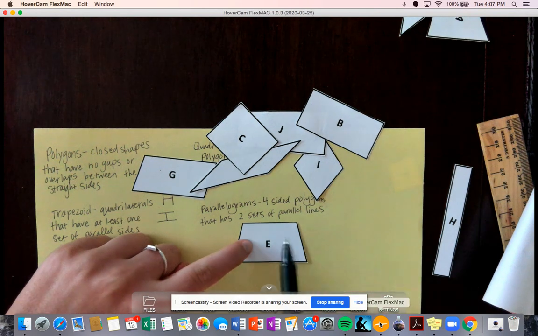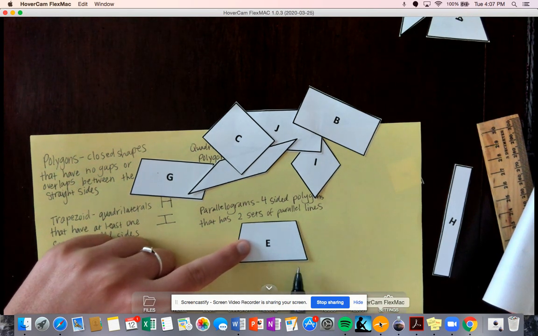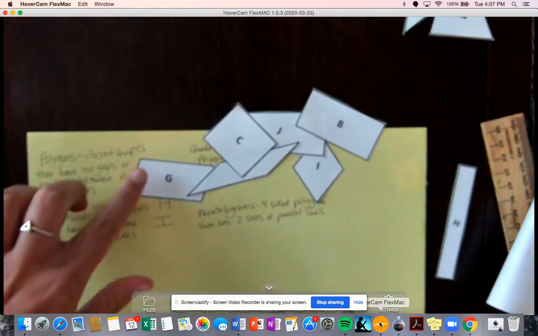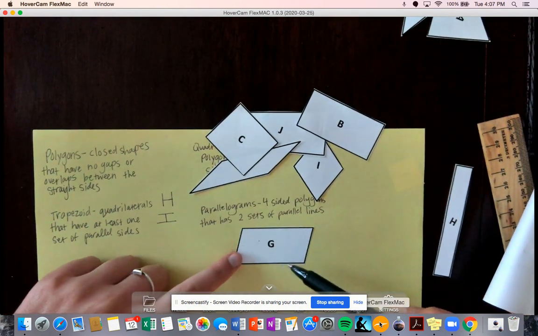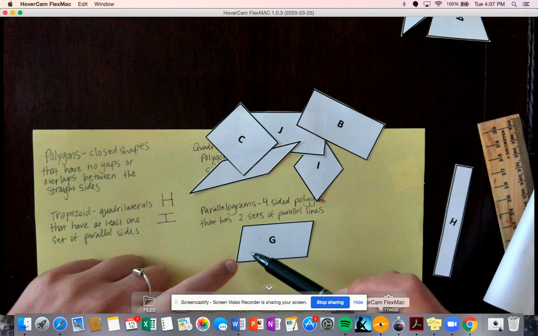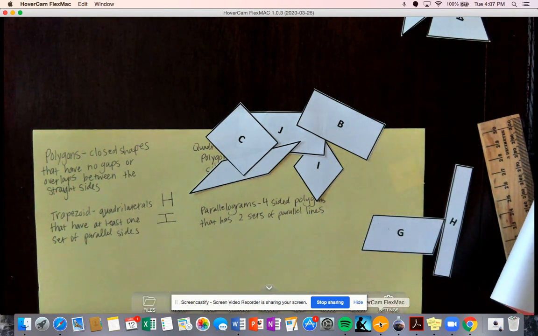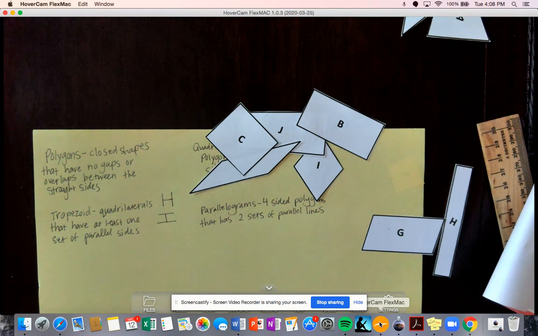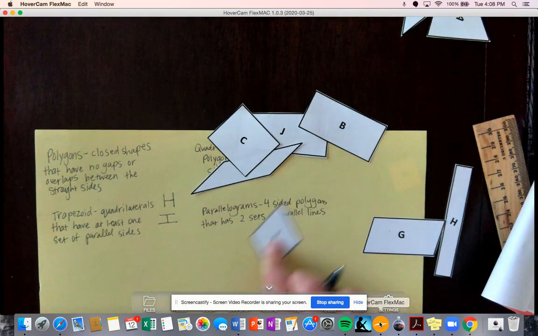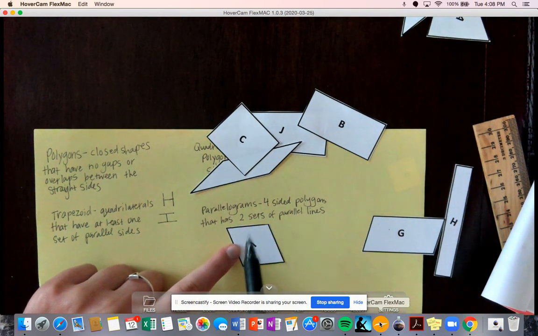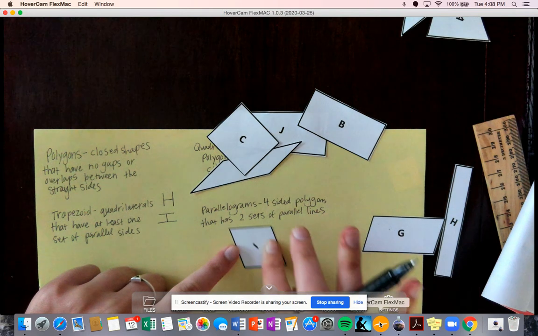E, I can tell that these lines are parallel, but these lines are not. So this is not a parallelogram. Okay, G, I can see that these two are parallel and these two are parallel. So G is also a parallelogram. I has 2 parallel lines this way and 2 parallel lines this way.